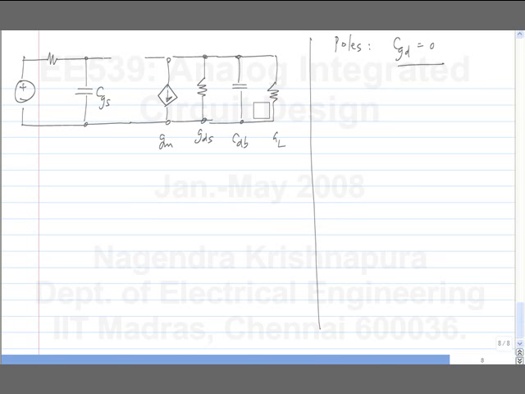So, the pole associated with this part is minus 1 by RS CGS, or basically minus GS by CGS, and the other pole is what? Minus GDS plus GL by CDB. And where are the zeros? There is no zero. When CGD is 0, the zero is at infinity.